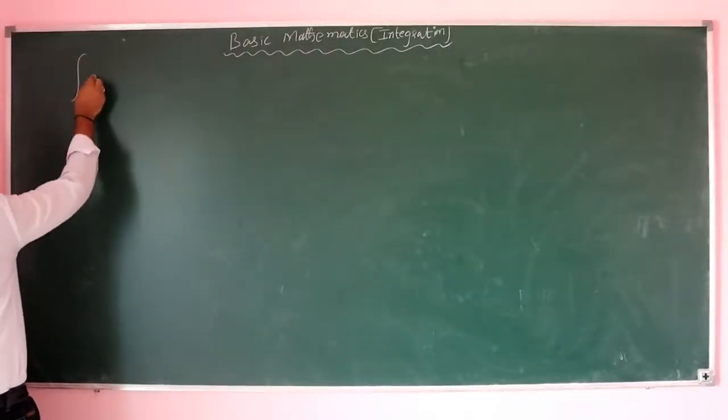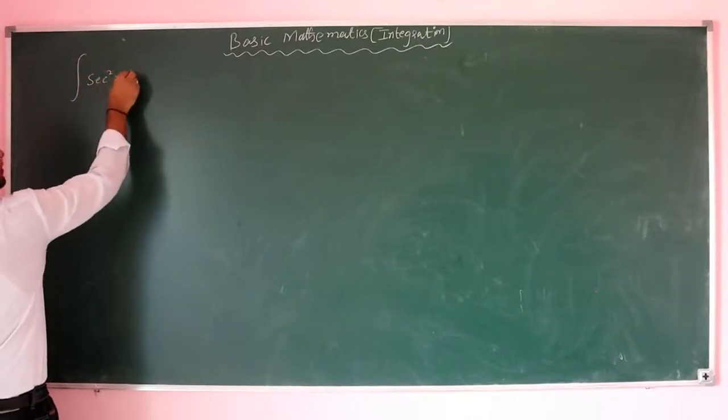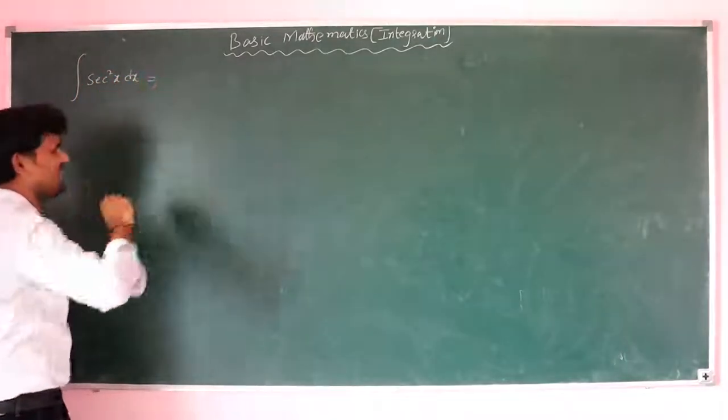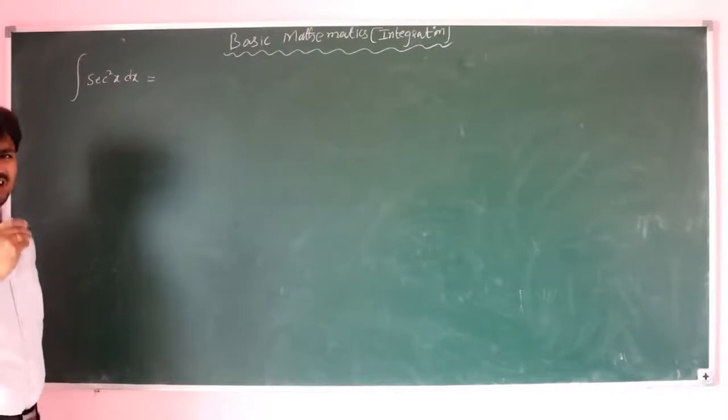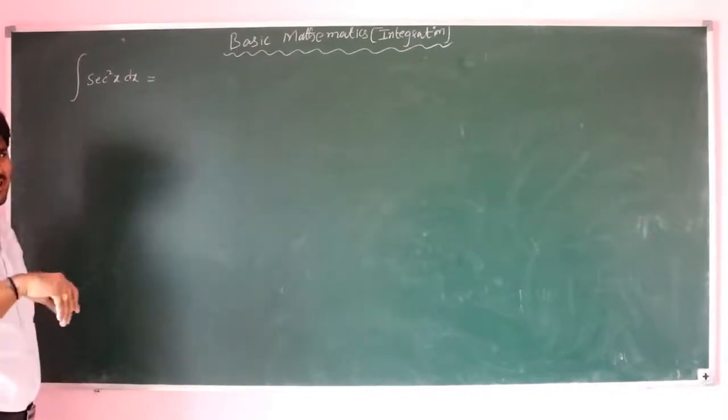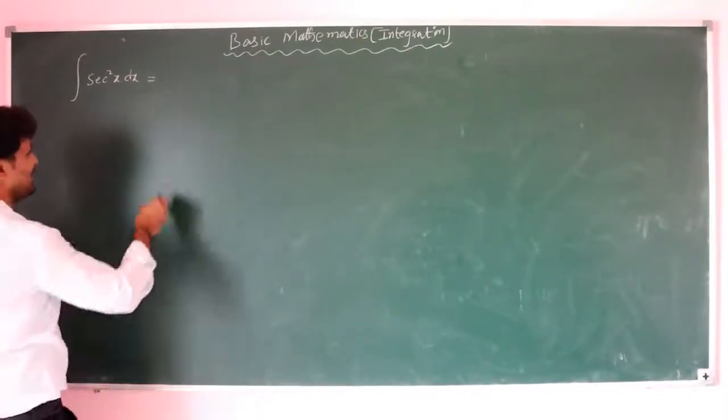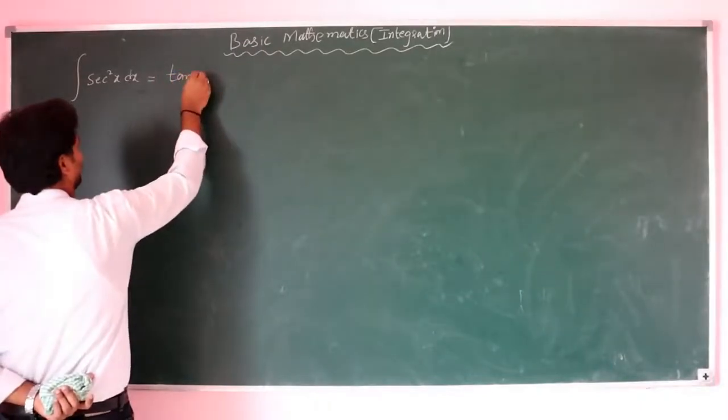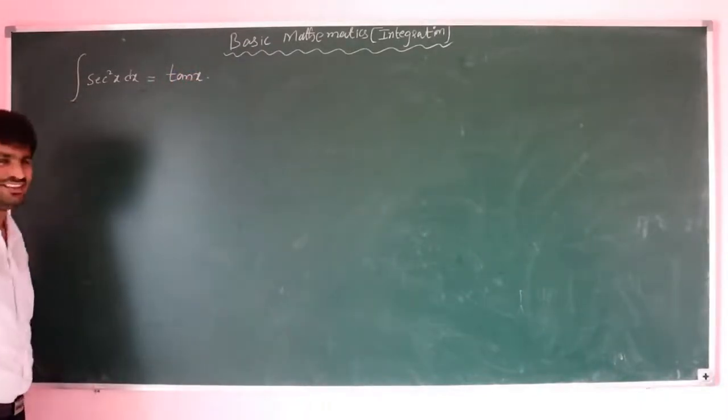Integral secant square x dx. Generally d by dx of tan x is secant square x, and integration of secant square x gives tan x.